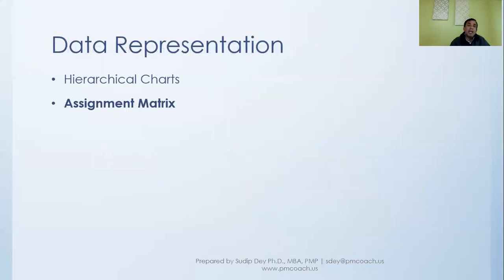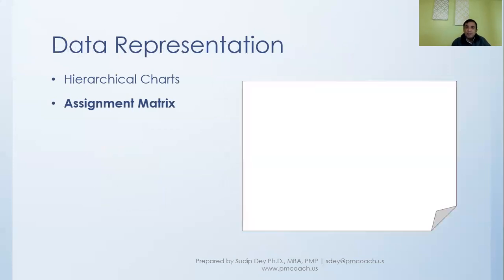Then we have something called matrix charts. We can also represent data in terms of matrices. There is a very important matrix that we'll use in managing our work in a project, which is called the assignment matrix. The assignment matrix shows the resources that are assigned to each work package.